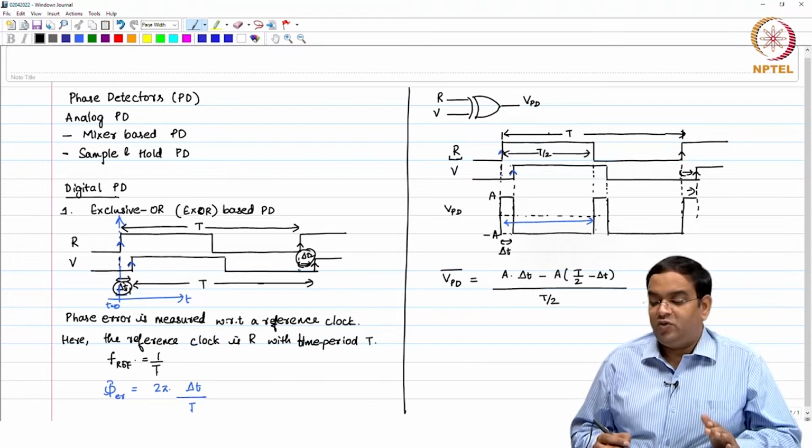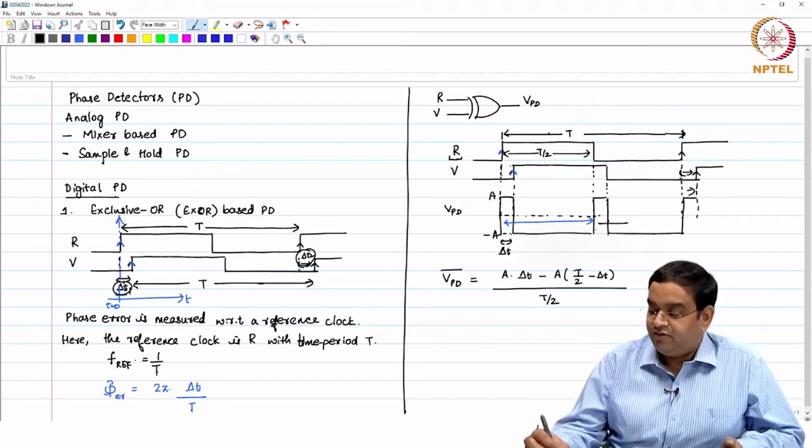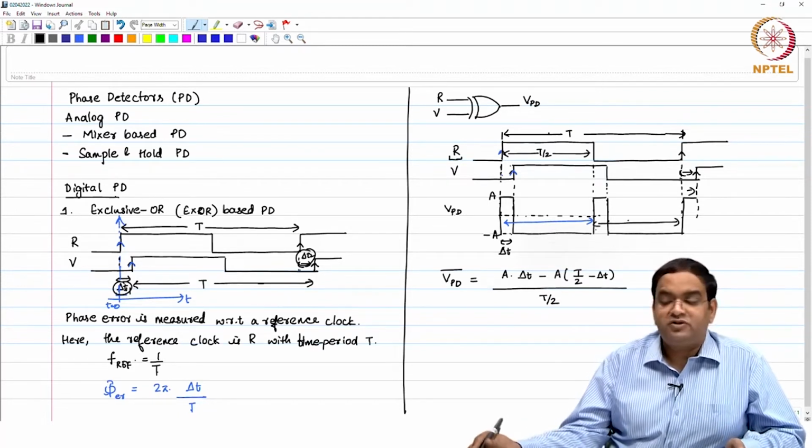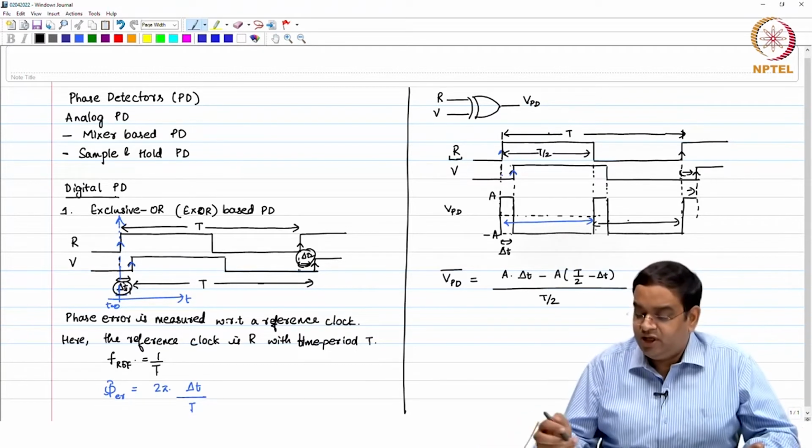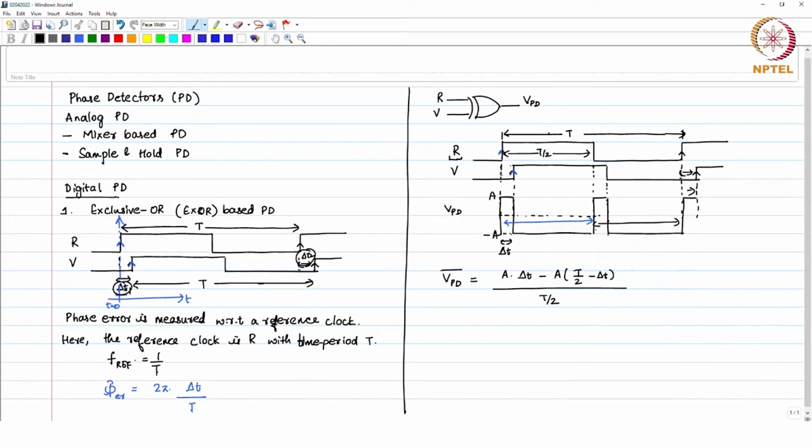You can also take it over t, just that you will have to include this pulse also. Since it is periodic, whether I take an average over t or over t by 2, they are both going to be the same. So, now this tells us that this is equal to A times 2 times delta t minus t by 2 whole divided by t by 2.